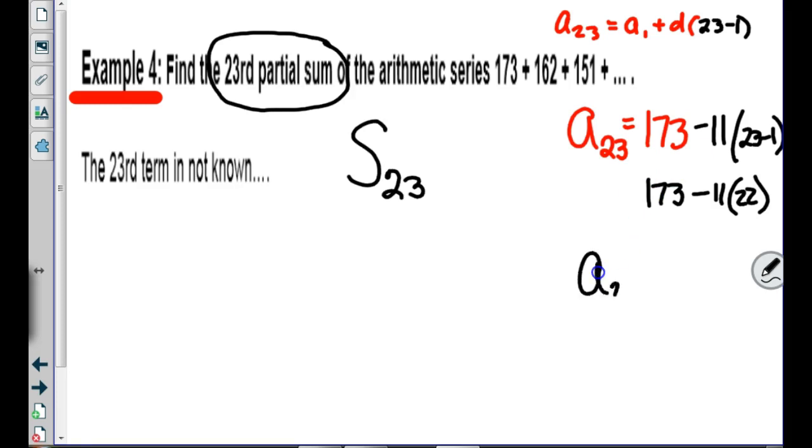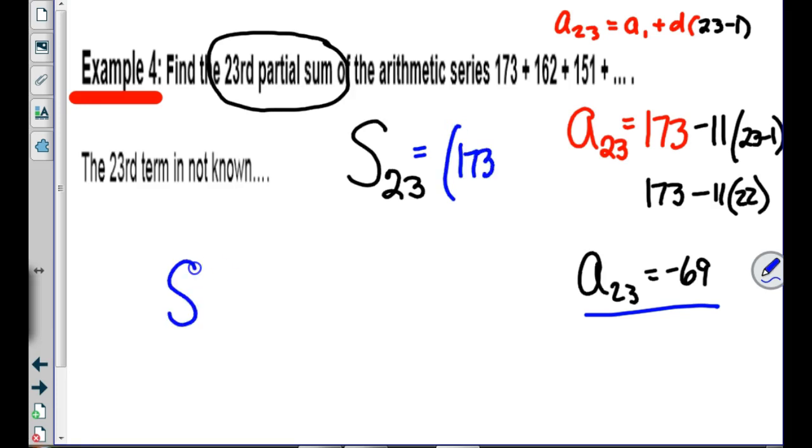Anybody get that? Now what? That's the 23rd term. Does anybody remember how the sum formula goes? I tried to give it to you as a concept. Yeah, so the first term and the last term.